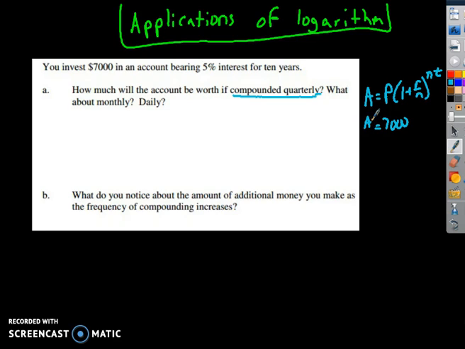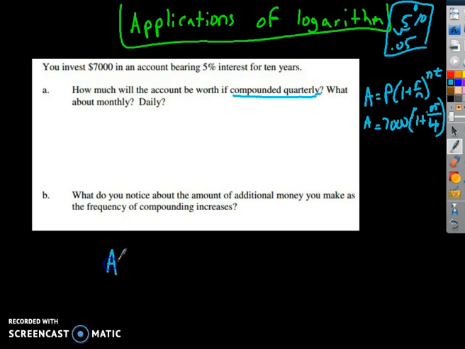That's what I'm looking for, so I'm going to call that A. And it's going to be multiplied by 1 plus my rate, which is 5%. 5% as a decimal is 0.05. So that should be 0.05 over my number of times a year. Well, compounded quarterly means 4 times a year. Raised to the... I'm running out of space. Let's make it down here.